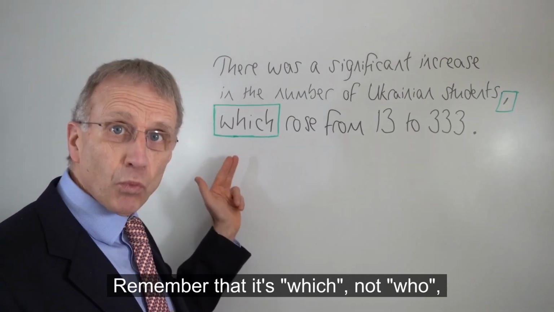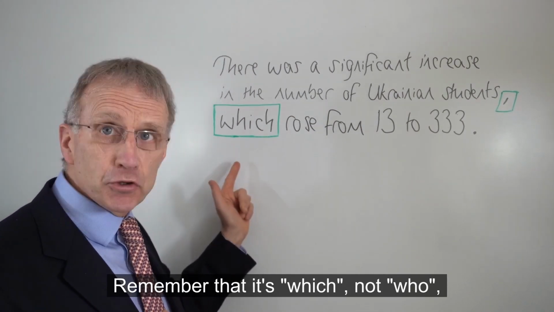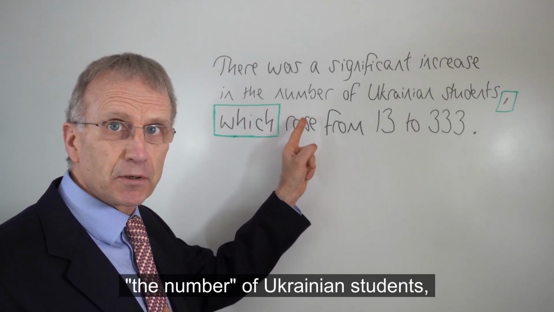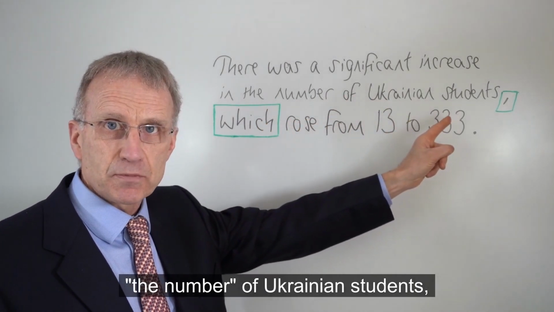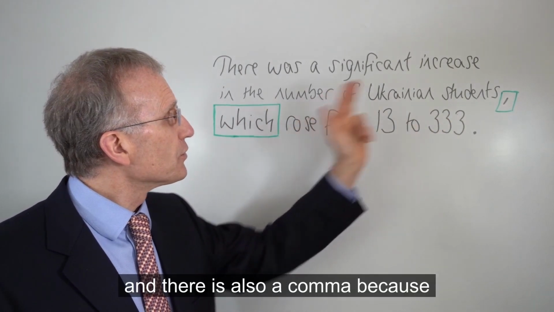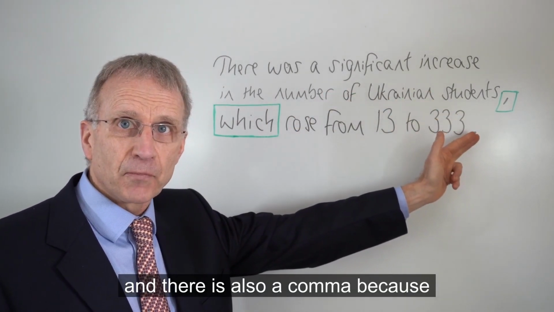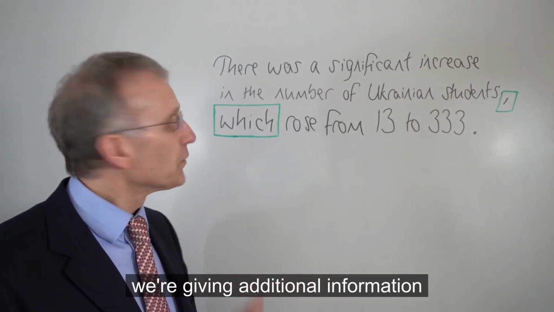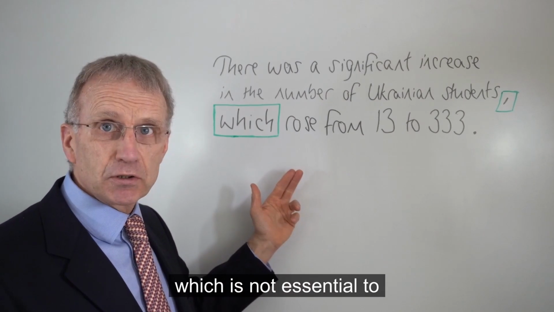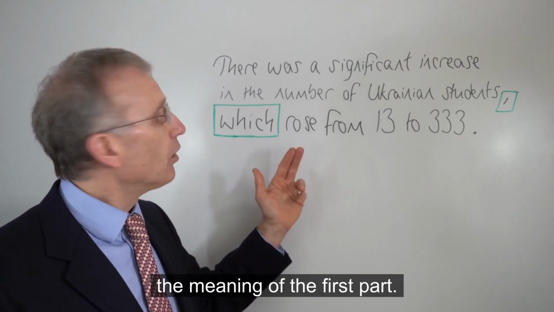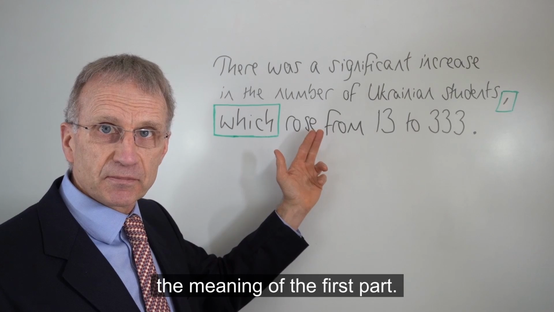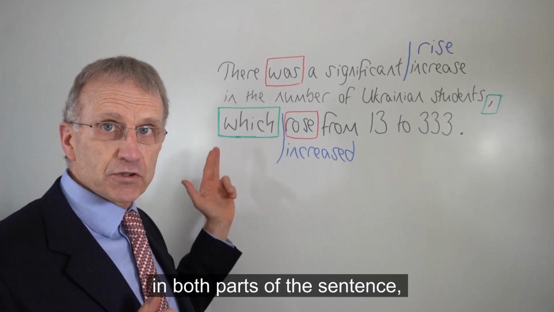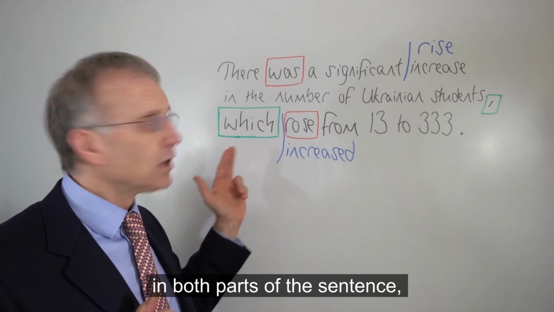Remember that it's which, not who, because it's referring to the number of Ukrainian students. And there is also a comma because we're giving additional information which is not essential to the meaning of the first part. And we use the same tense in both parts of the sentence.